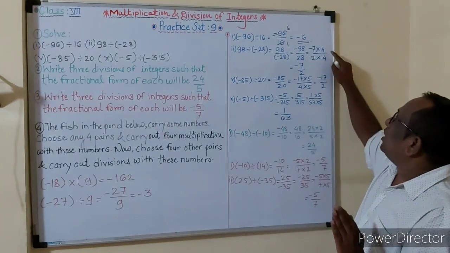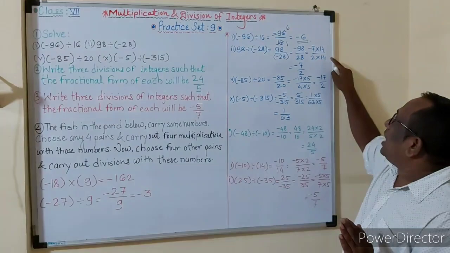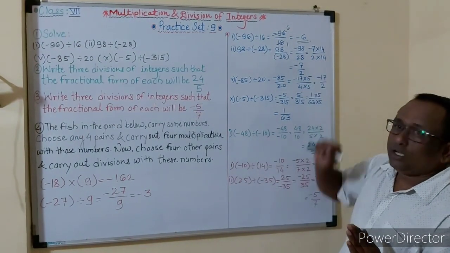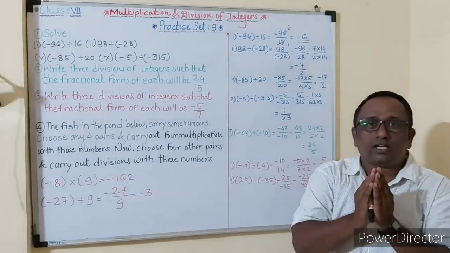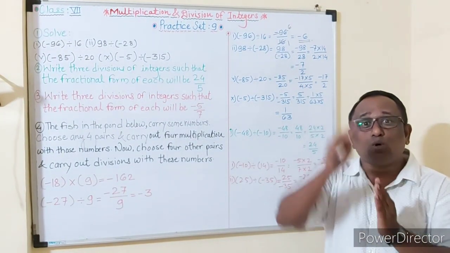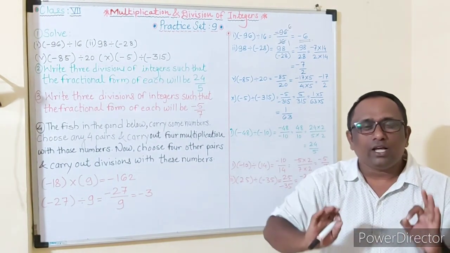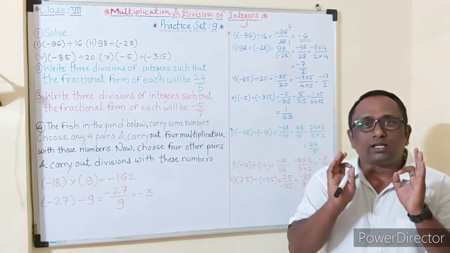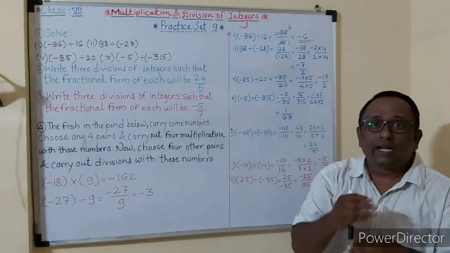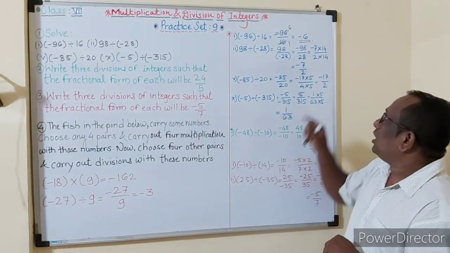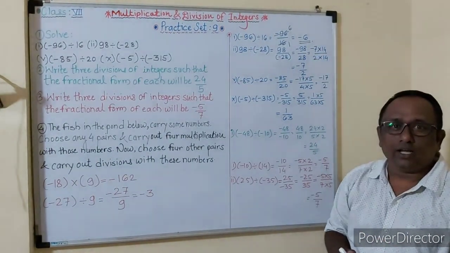So 14's table: 14 sevens are 98 and 14 twos are 28. So always that number should divide the numerator as well as the denominator. In short, we have to choose a table in which the numerator and denominator are both present.